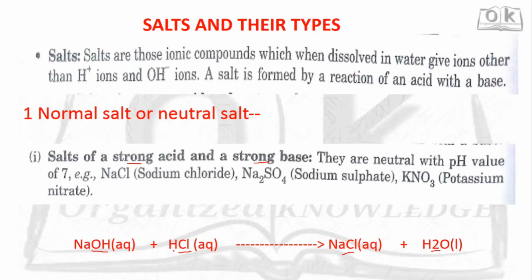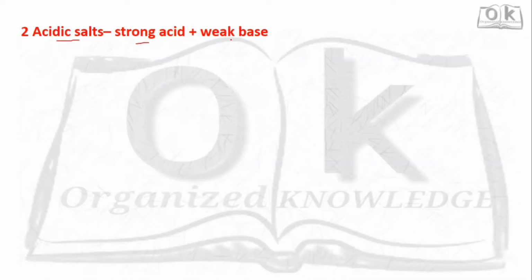As here the hydroxyl ions which are furnished from this strong base will neutralize the H plus ions which dissociate from aqueous solution of hydrochloric acid, and there will be the reaction of hydronium ion and hydroxyl ion, and the result here will be the neutral salt, that is sodium chloride.